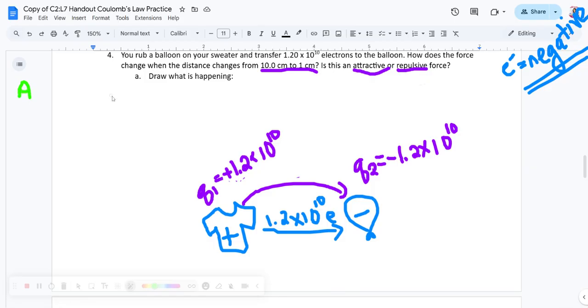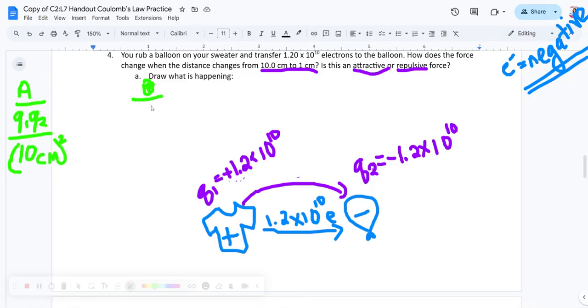I'm gonna make a scenario A and a scenario B. In scenario A, I have Q1 and I have Q2. And my distance says it's 10 centimeters right there, right? But remember, I gotta square it. So that means it's gonna be 10 centimeters, and I'm gonna square the whole thing.